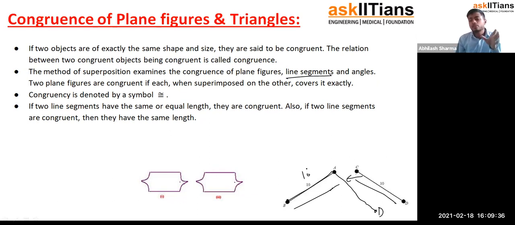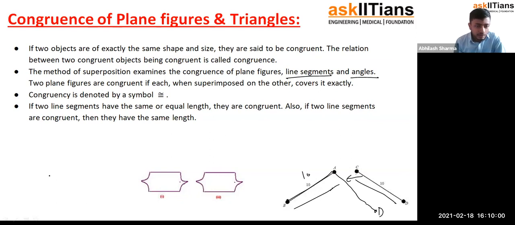Had their lengths not been the same, then clearly there would have been some space left on the longer line, and hence they wouldn't have been congruent. So two line segments are congruent if and only if their lengths are equal. Very important to understand. Similarly, two angles will be congruent if and only if their angle measurements are equal.